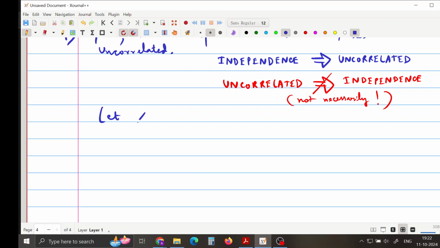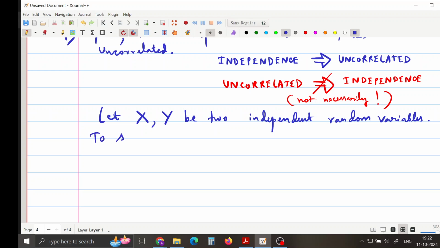So let x and y be two independent random variables. To show that they are also uncorrelated, we can simply show that the covariance of x and y is 0. So they have no correlation or covariance between them, which means they are uncorrelated.